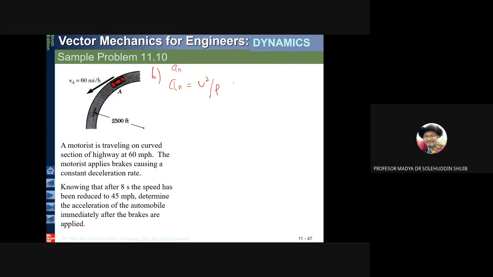We find a_n equal to v square over rho. In this case, the velocity after the brake has been applied is still 88 feet per second. Make sure you write the right unit. So 88 square, put all together, divided by rho.